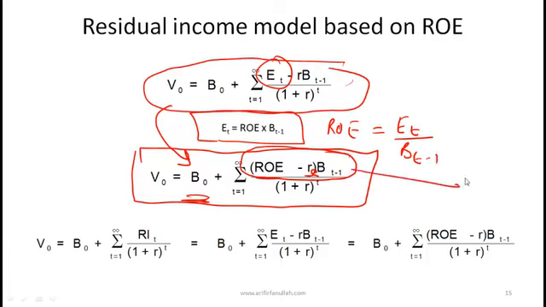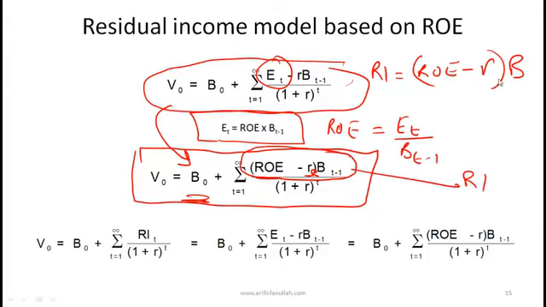Okay, so residual income can also be written as your ROE minus the cost of equity for a given year multiplied by the book value at the start of the year.